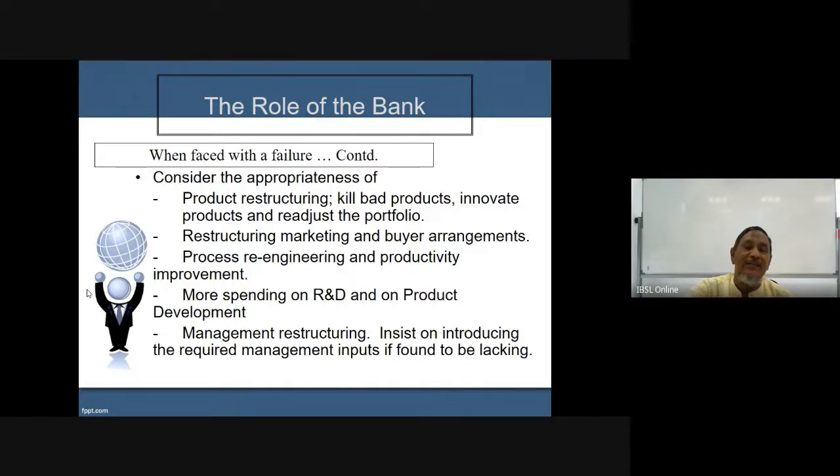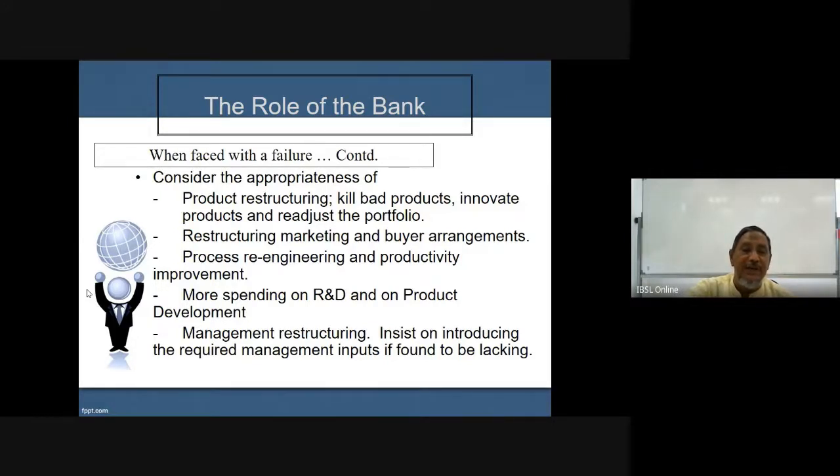Likewise, analyze and restructure the product. Then restructure marketing and buyer arrangements. By low-cost promotion activities, we can restructure the marketing strategies.